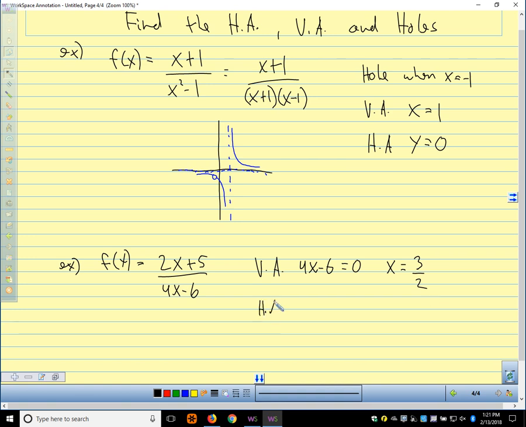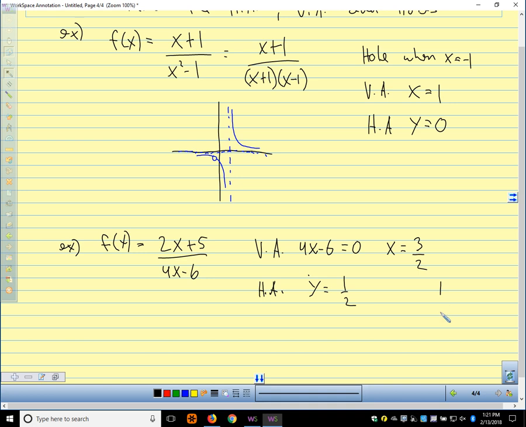Horizontal asymptote. The degree of the numerator and denominator are the same. So our horizontal asymptote is at the ratio of the leading coefficients, 2/4. The line y equals 1/2.